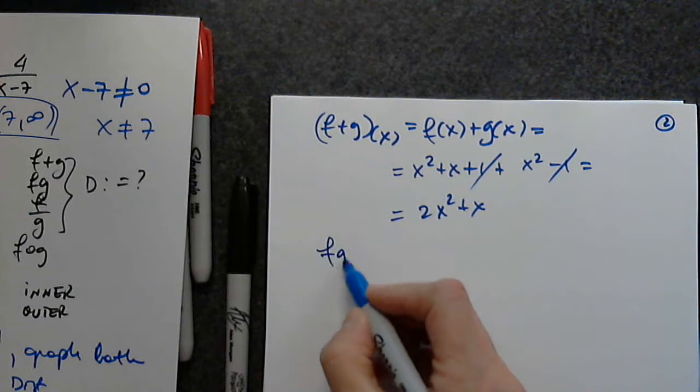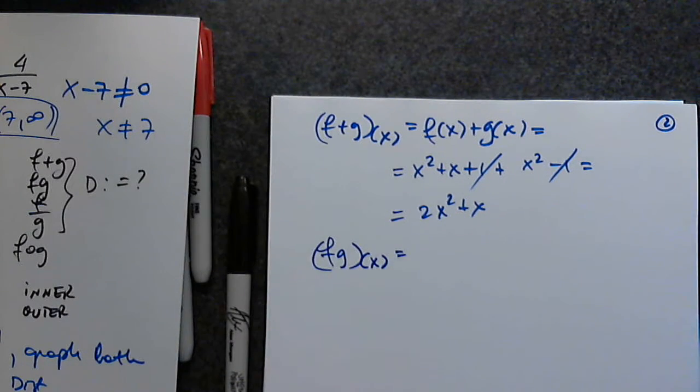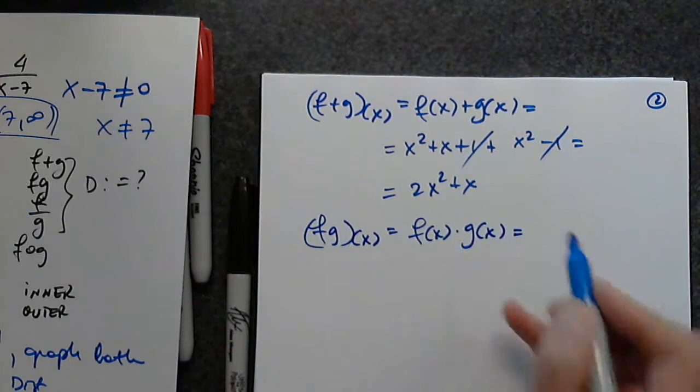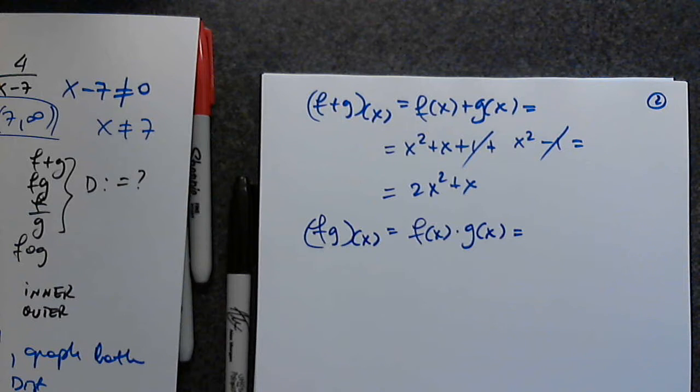Okay, fg of x, by definition, this means f of x times g of x. And what is the next step?